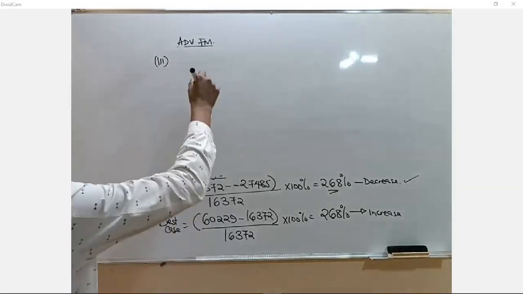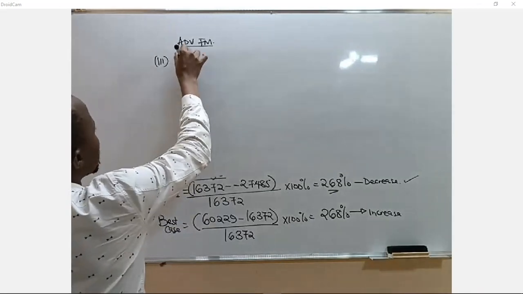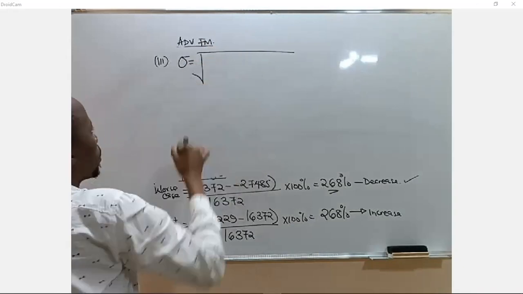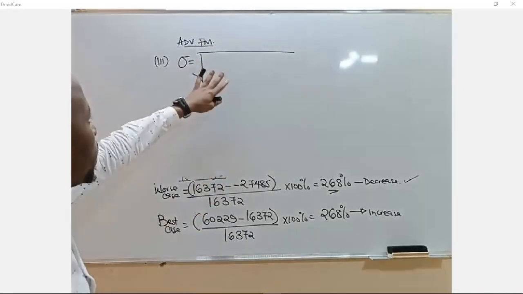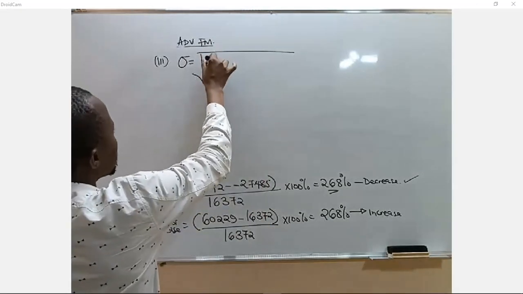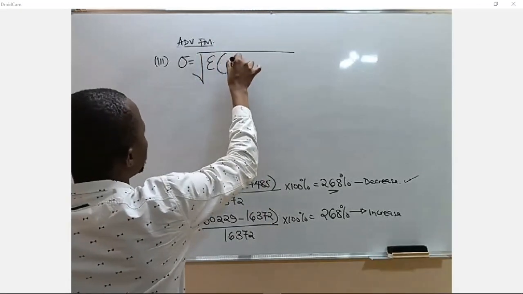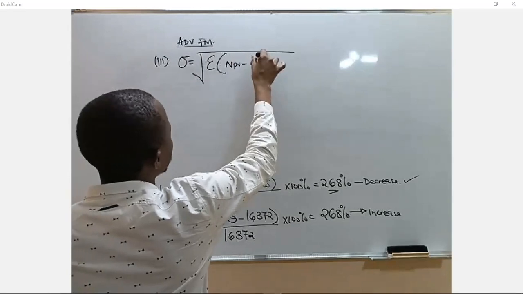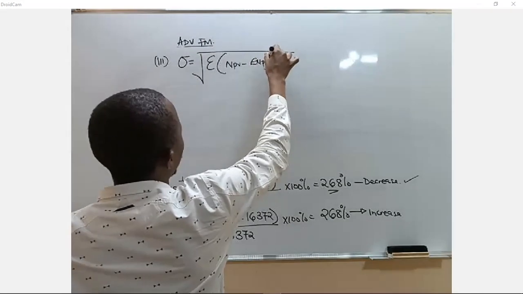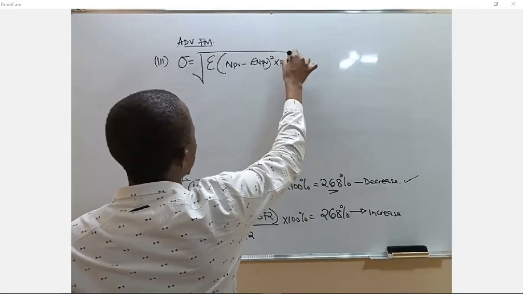So mimi hapa nakuja naambia examiner wangu, to get the standard deviation, we normally take the root of. Mimi nakumbuka wale watu wametoka kufanya statistics walikuwa wanachukua x minus x bar. Ukikuja advanced level, we say take the summation of NPV minus expected NPV, squared, then you multiply by the probabilities.